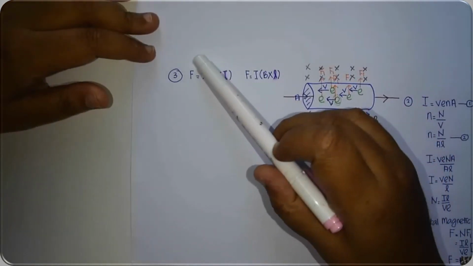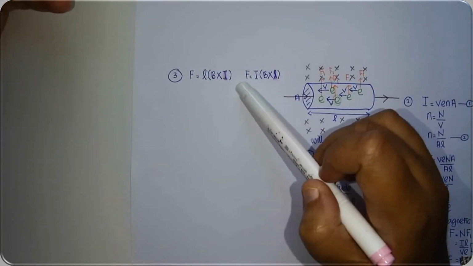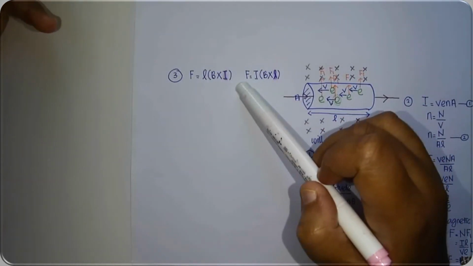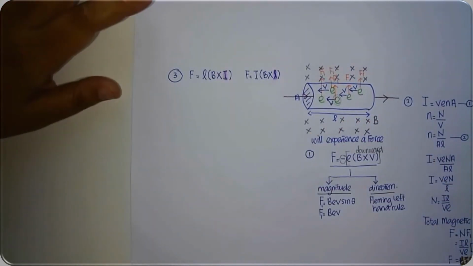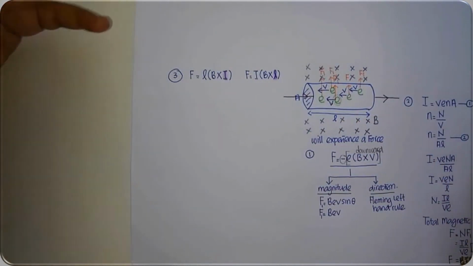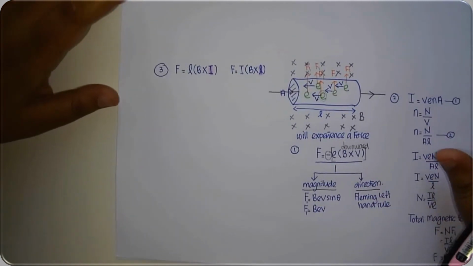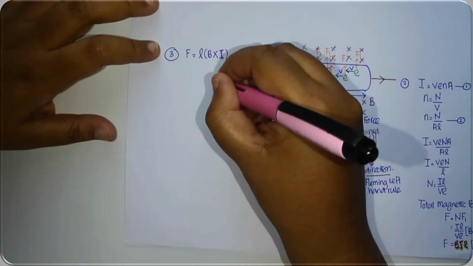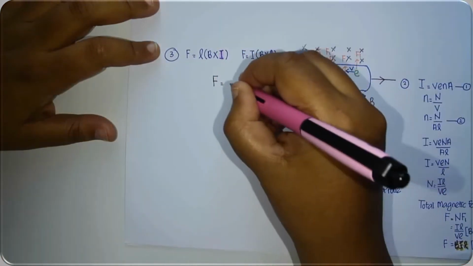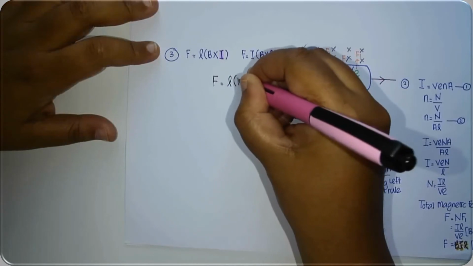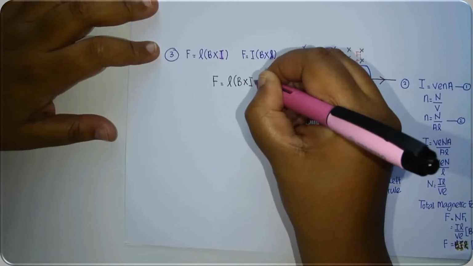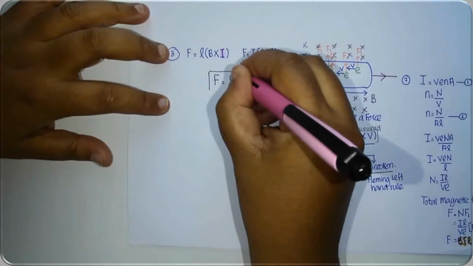But I'm going to use this one, class, because I'm already familiar with I as a vector, and I hope you use that too. So the expression will be F equals I L cross B.